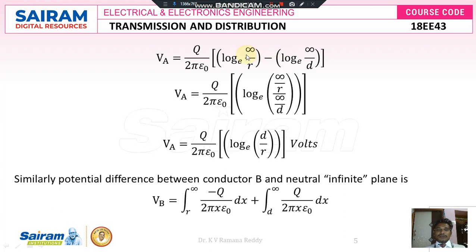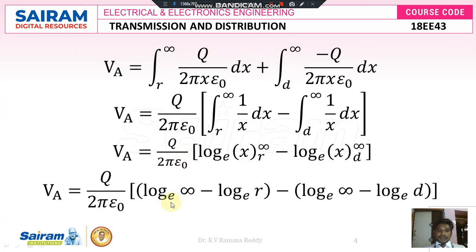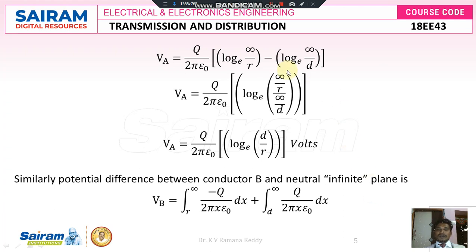Therefore, using log a minus log b equals log of a by b, VA is equal to q by 2 pi epsilon naught of log base e of infinity by r minus log base e of infinity by d. Again using log a minus log b, VA is equal to q divided by 2 pi epsilon naught of log base e of infinity by r divided by infinity by d.